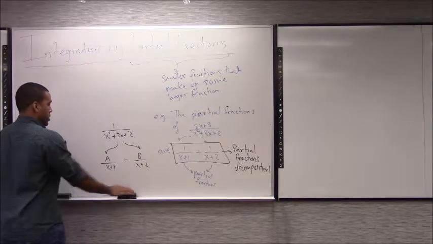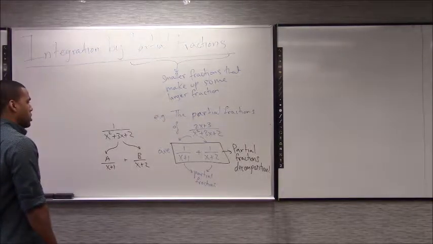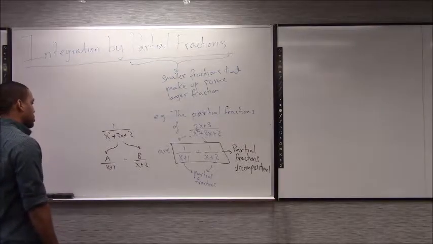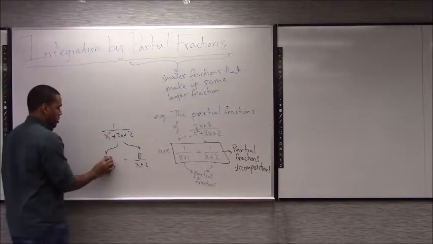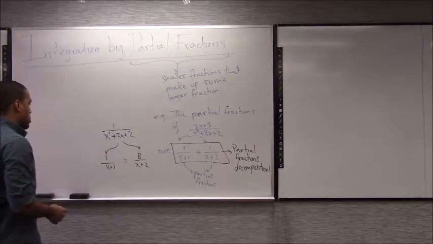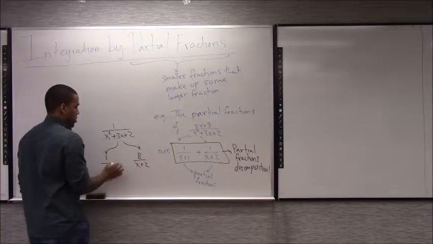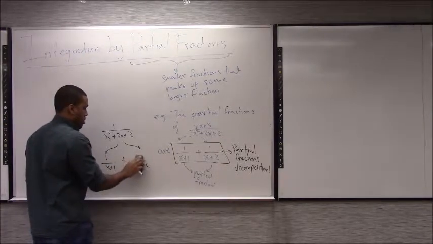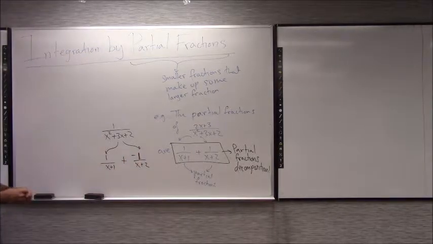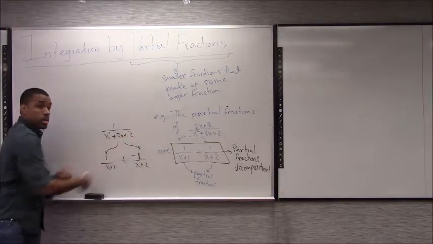This one I could actually even tell you here. So this should be a 1. And then this would be a -1. Right? You'll notice that if I add these two together, I would get that.